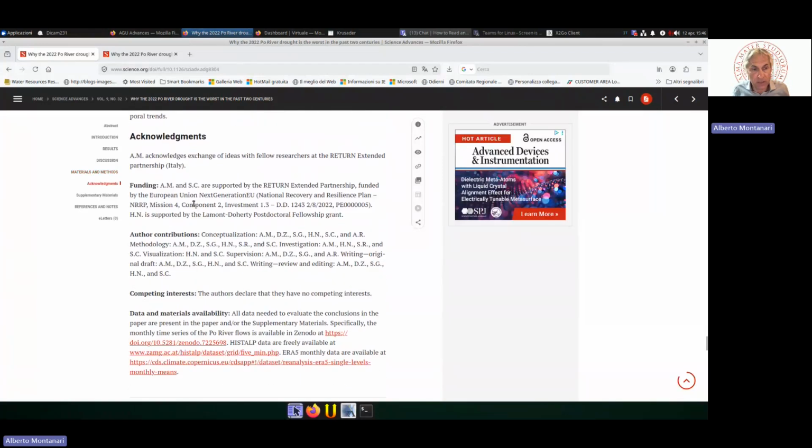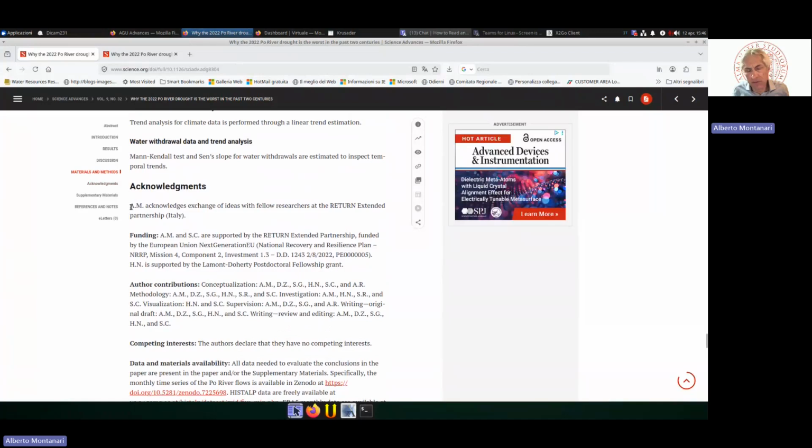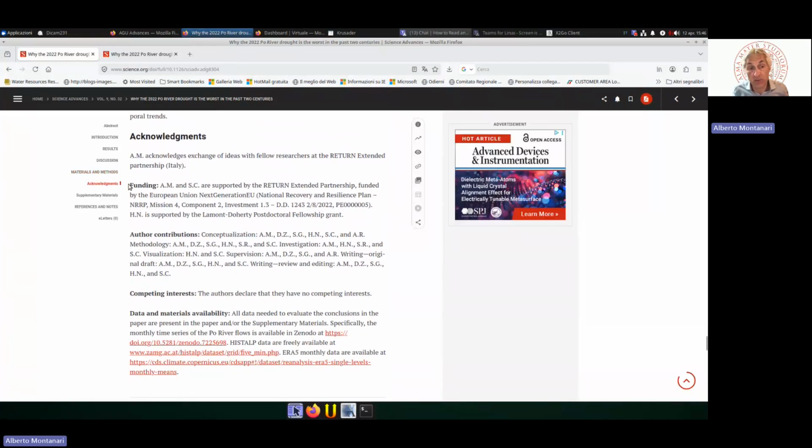And then there is the acknowledgement. The acknowledgement is something that I consider important. Here there is the acknowledgement of the contribution by scientists other than the authors. Acknowledgement of funding is extremely important because, first, the authors are required to acknowledge funding for their research activities.